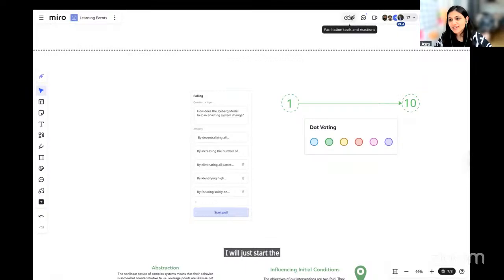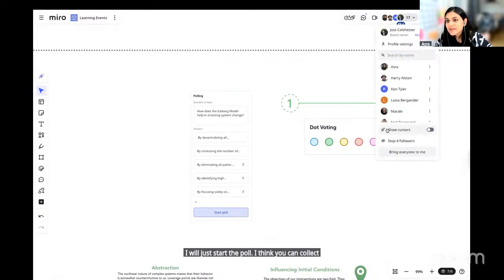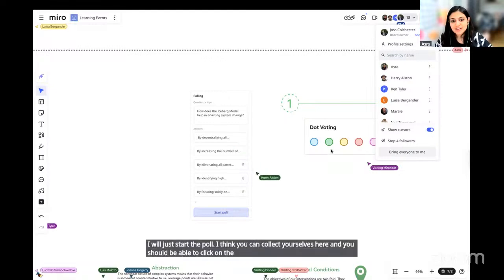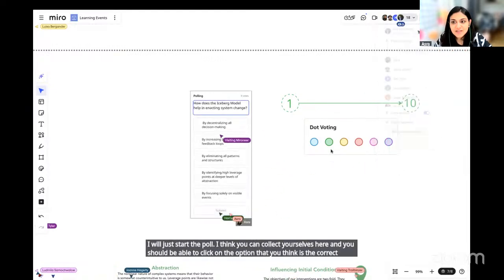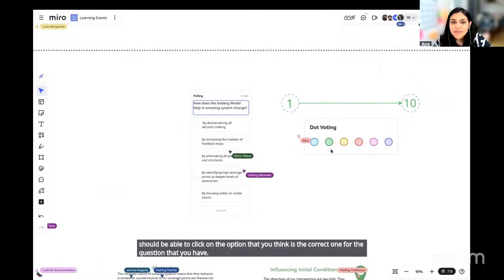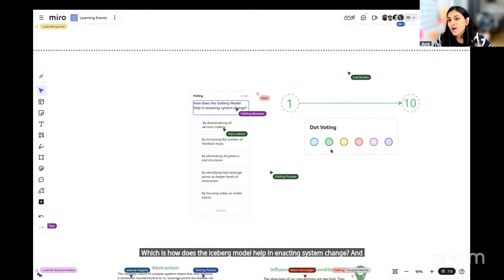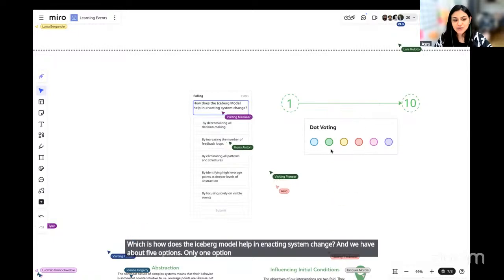I think you can collect yourselves here, and you should be able to click on the option that you think is the correct one for the question we have, which is how does the iceberg model help in enacting system change? We have about 5 options. Only one option is correct, and you can choose which one it is.